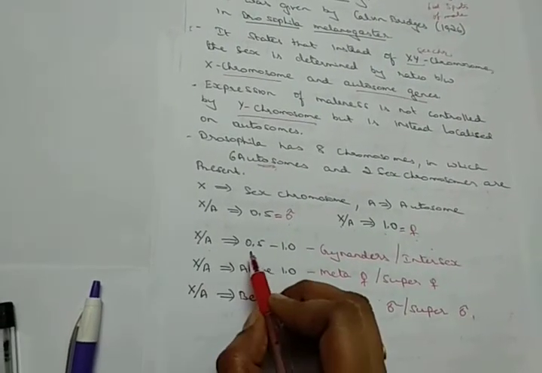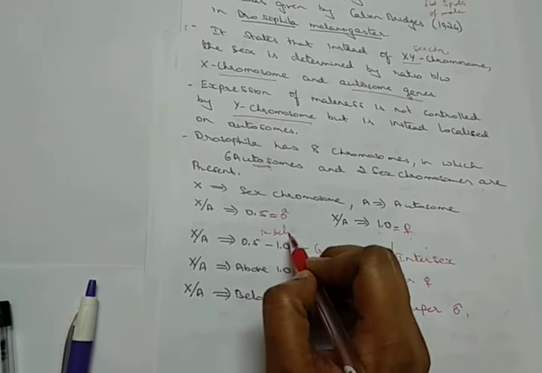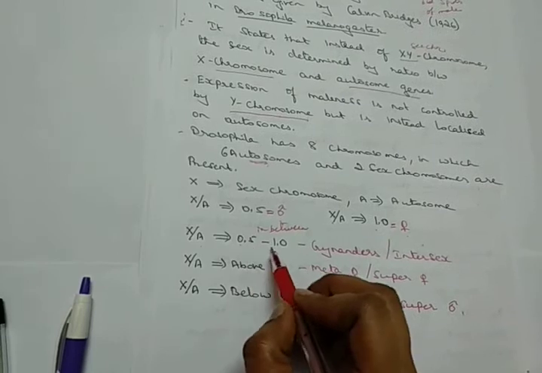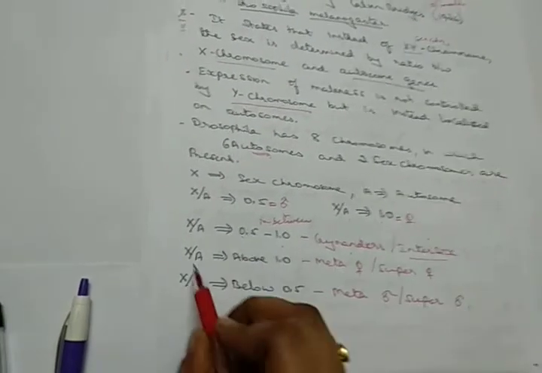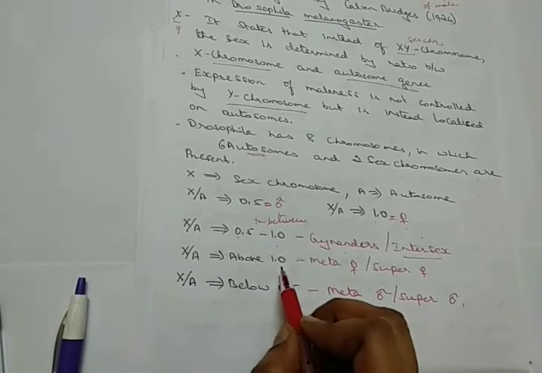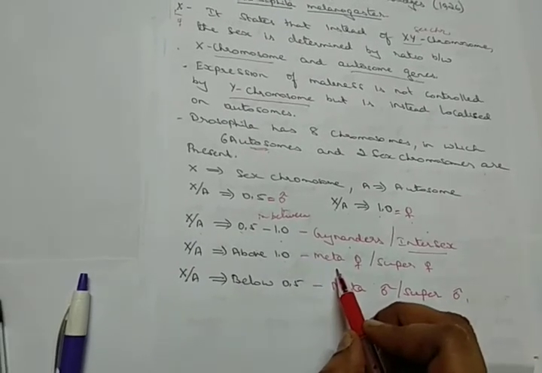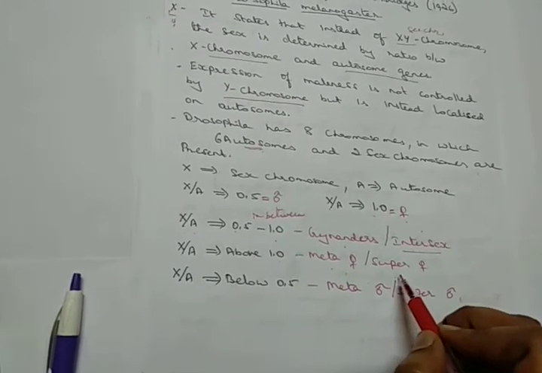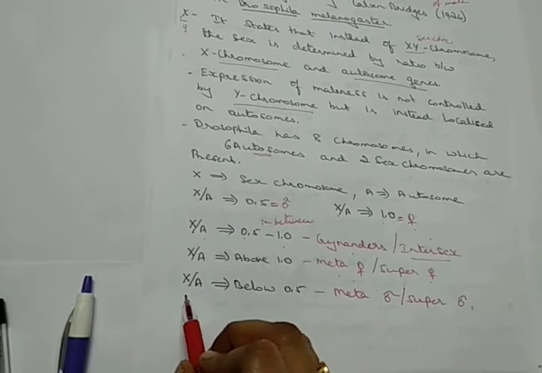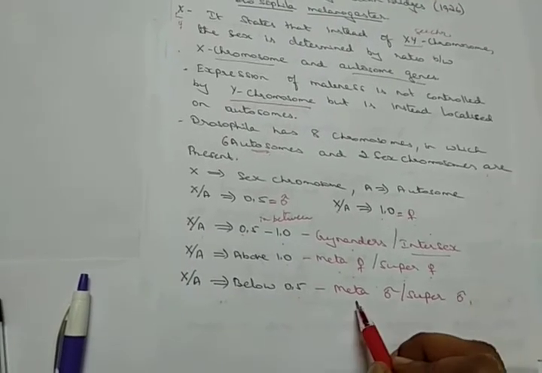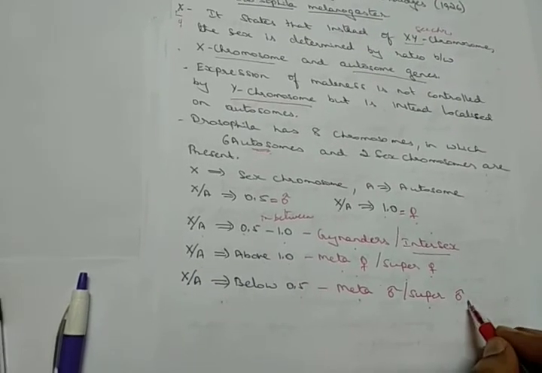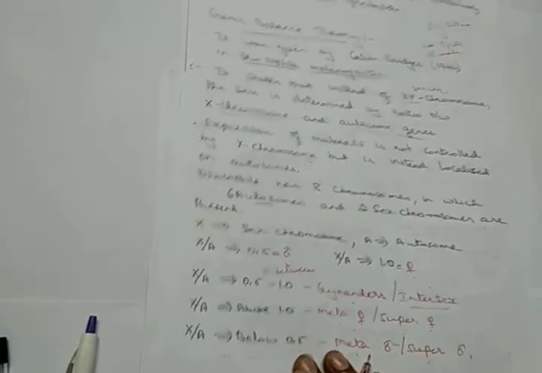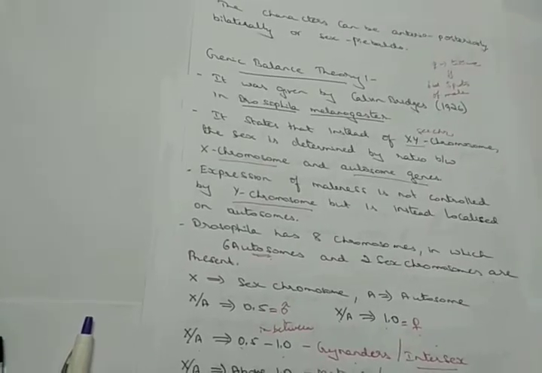If X by A is between 0.5 and 1.0, they are formed as intersex, which can be called gynanders. If X by A is above 1.0, the animals are called meta females, also called super females. If X by A is below 0.5, they are called meta males, also called super males. This is how the sex is determined in Drosophila.